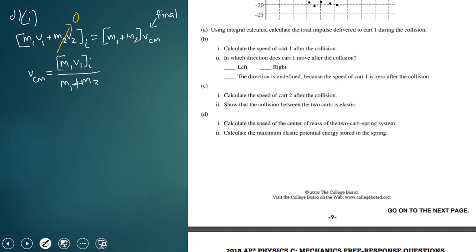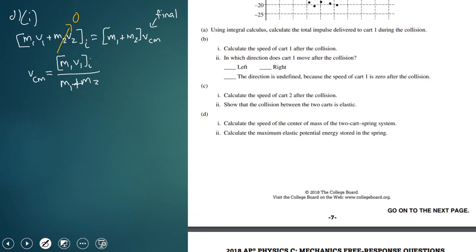If you don't know how exactly I got this equation, it's because initially we can consider the carts separate, because the two-cart spring system essentially comes together during the collision. So that's why we use conservation of momentum. Initially we have them separate. If you wanted to consider the start as the center of mass, you could, because one of the things is stationary, so our V center of mass initial is just going to be our V1.